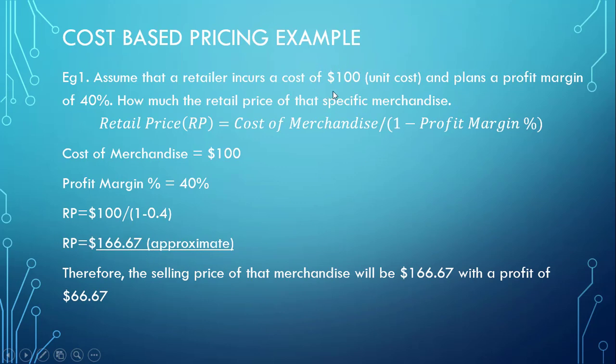So the profit that the retailer will get is $166.67 minus the cost that the retailer incurs in acquiring the product. Then that retailer will earn $66.67. So you can compute the retail price in this way.